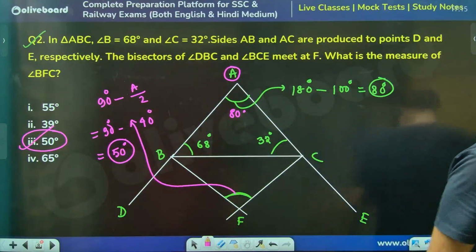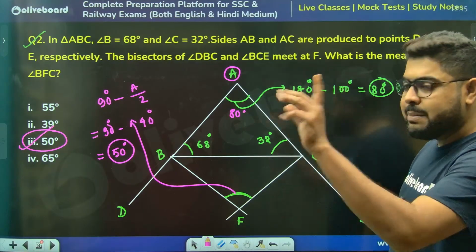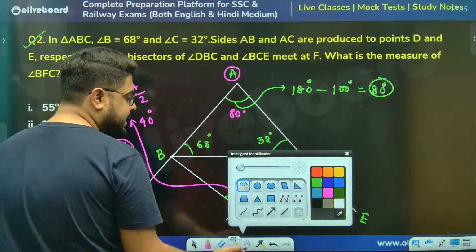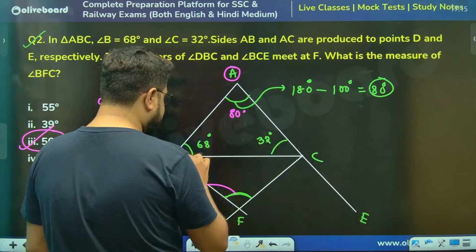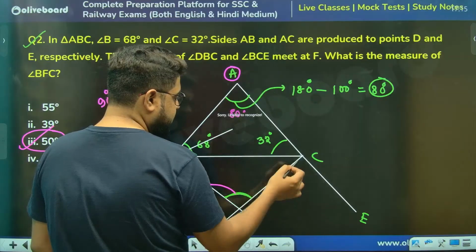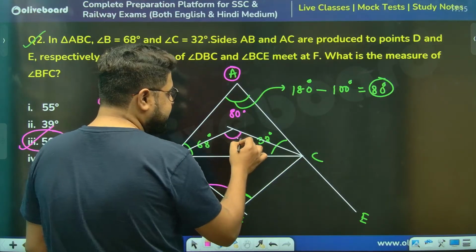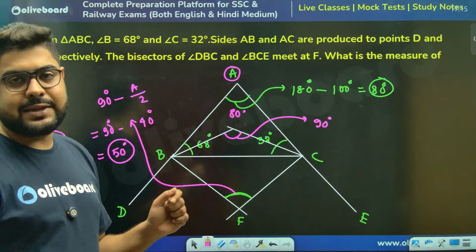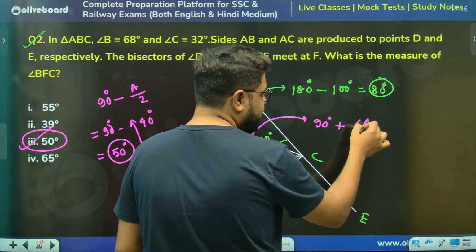Yes, Reena, Arghamita, Ashish, all of you are correct. Remember here, if these were internal angle bisectors, like this, then this angle is 90 degree plus angle A by 2.